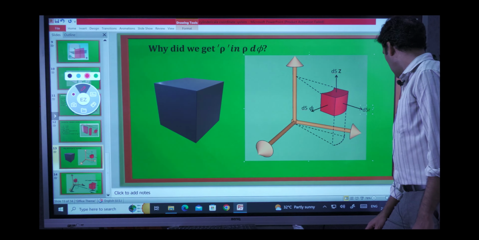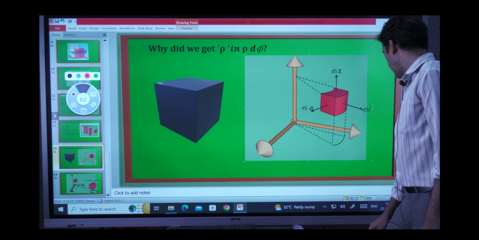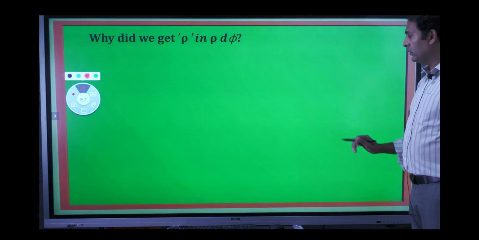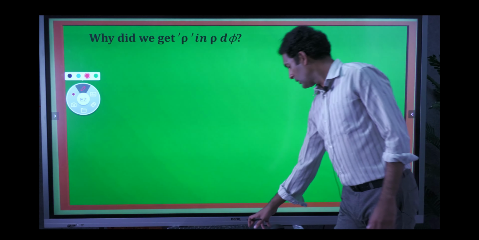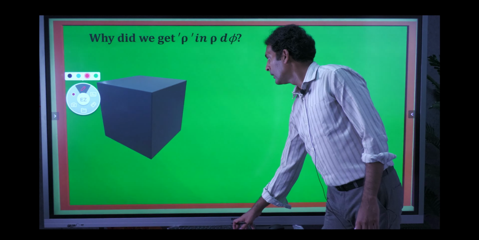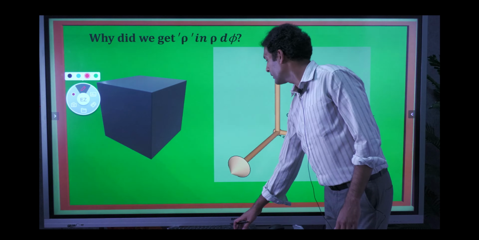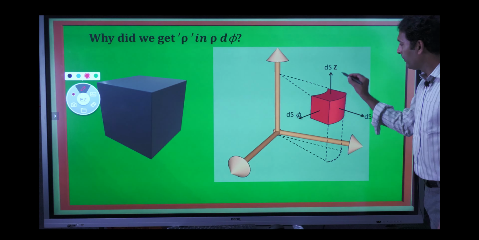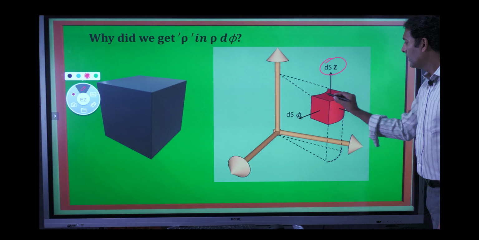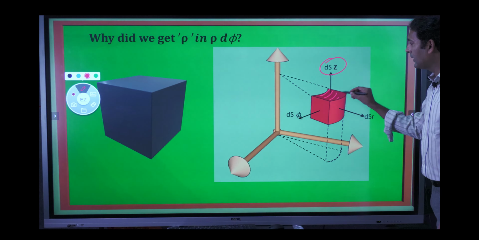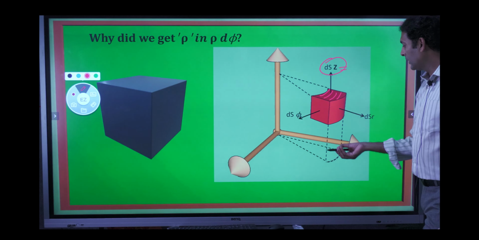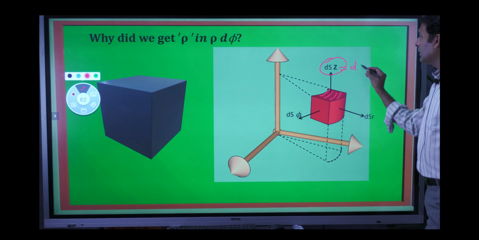Now if we see this diagram in expanded form, this is a very useful diagram, you have to imagine it. So this is the Cartesian coordinate system. These are volumes, this direction going up in z. So this surface is dsz. What is the equation for dsz? Product of the other two, first is dr, second one is r d phi.